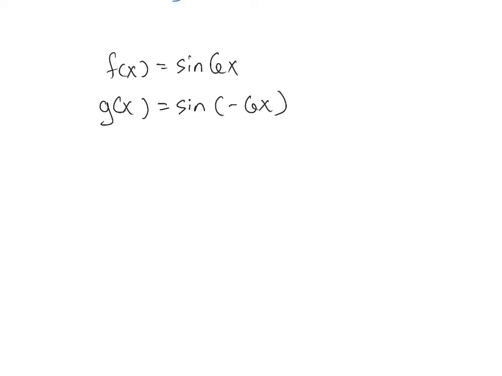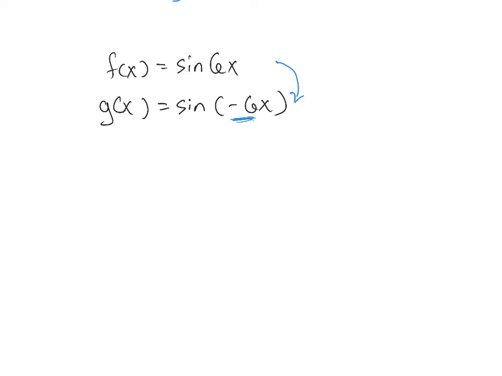Let's describe now some things. Okay, so what if we had f of x equals the sine of 6x, and g of x equals the sine of negative 6x? How can we describe from f of x to g of x what that is?